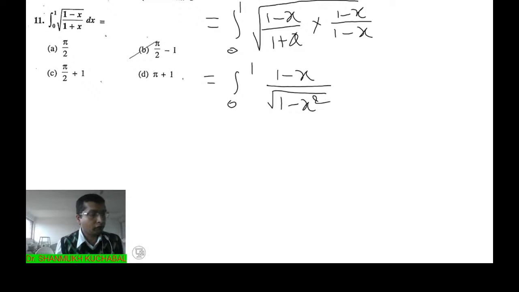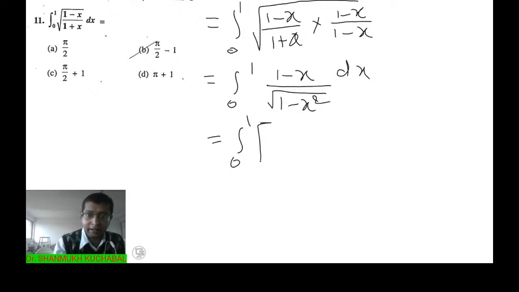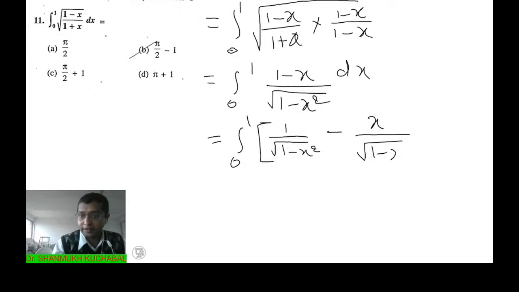So further we split this one integral as two integrals, integration 0 to 1. First term divided by denominator, that is 1 divided by under the square root of 1 minus x square. Further minus the second term divided by denominator, that is x divided by under the square root of 1 minus x square.